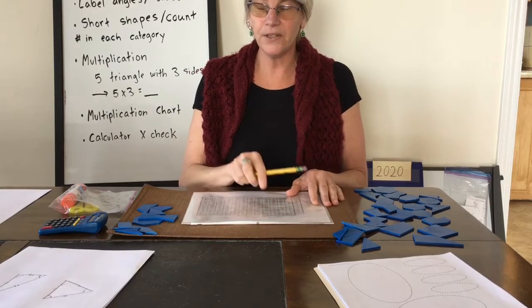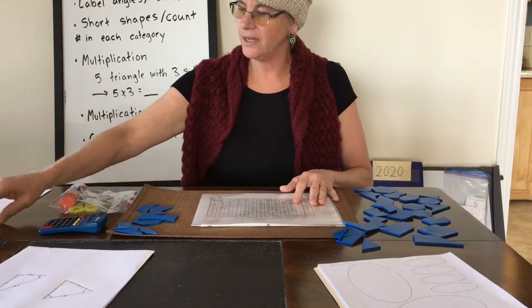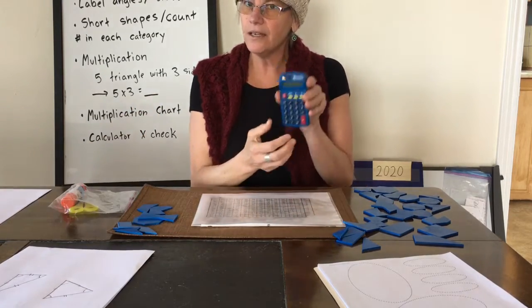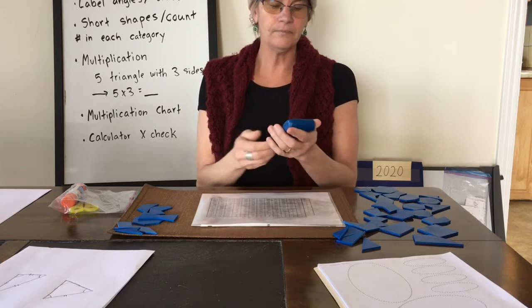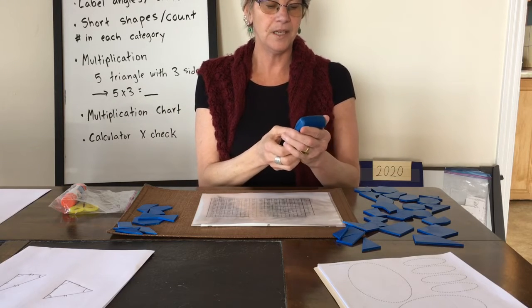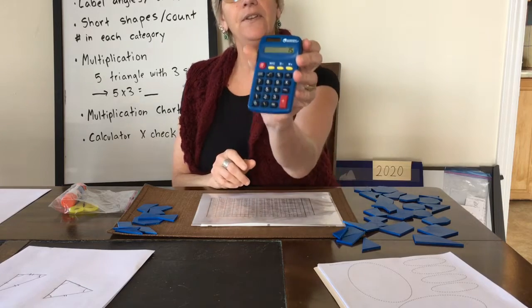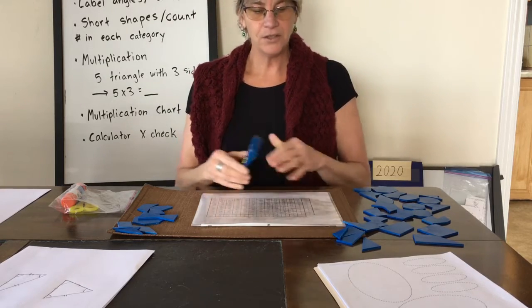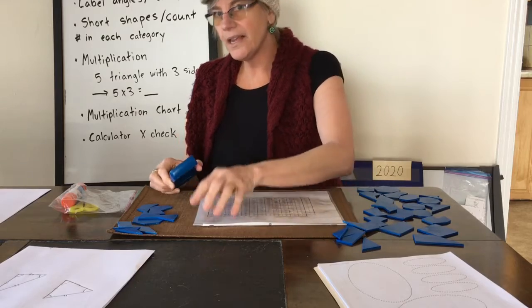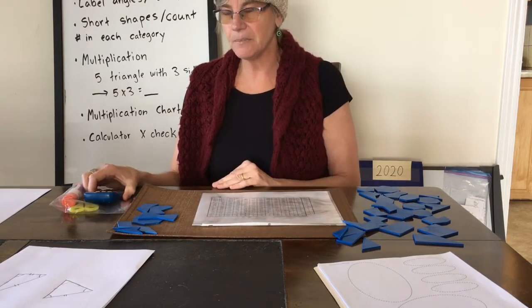All right, so 15 is the answer for the first one. Let's check with our calculator. 5 times 3 equals 15. All right, so you're going to do that with each pile, with each category of shapes.